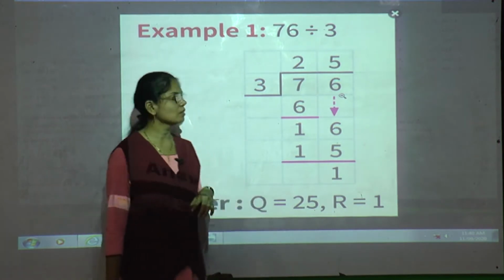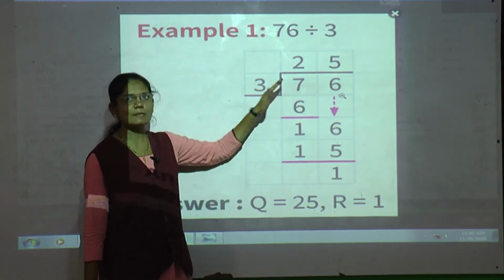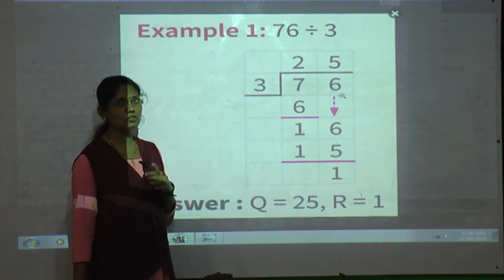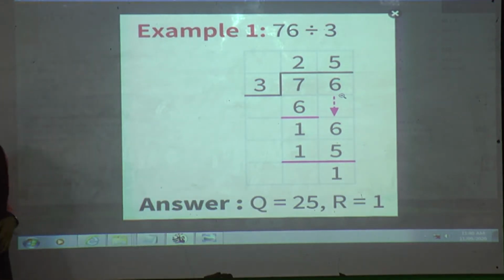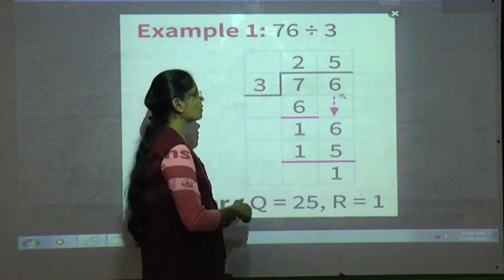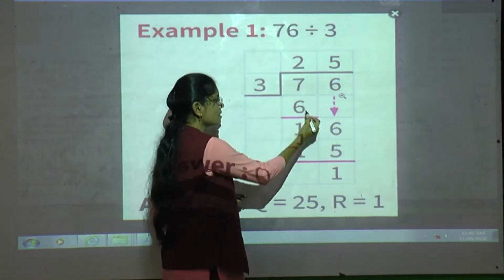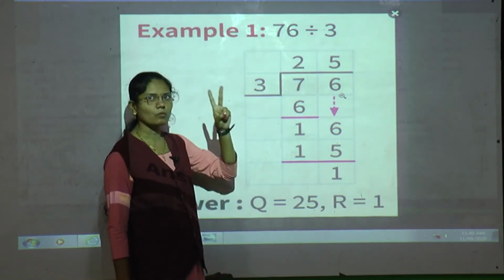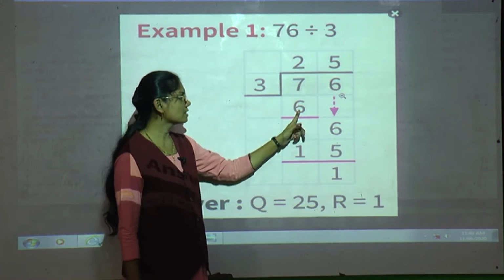Then what we will do? We will just find out the smaller number than 7. Which number is smaller than 7? Yes, 6 is there. In 6, how many 3's are there? In 6, there are 2 3's. So at the quotient's place here, we will write 2 because 3 2's are 6.